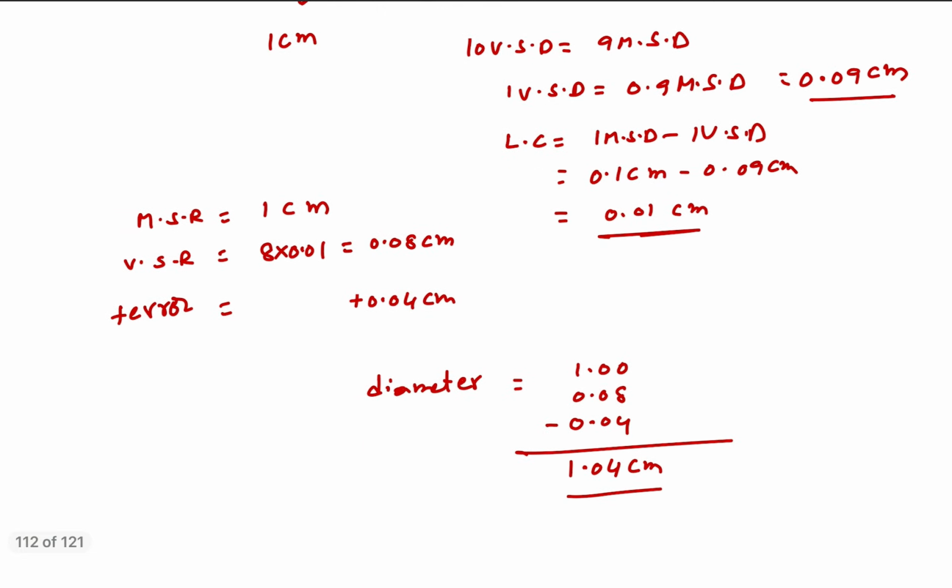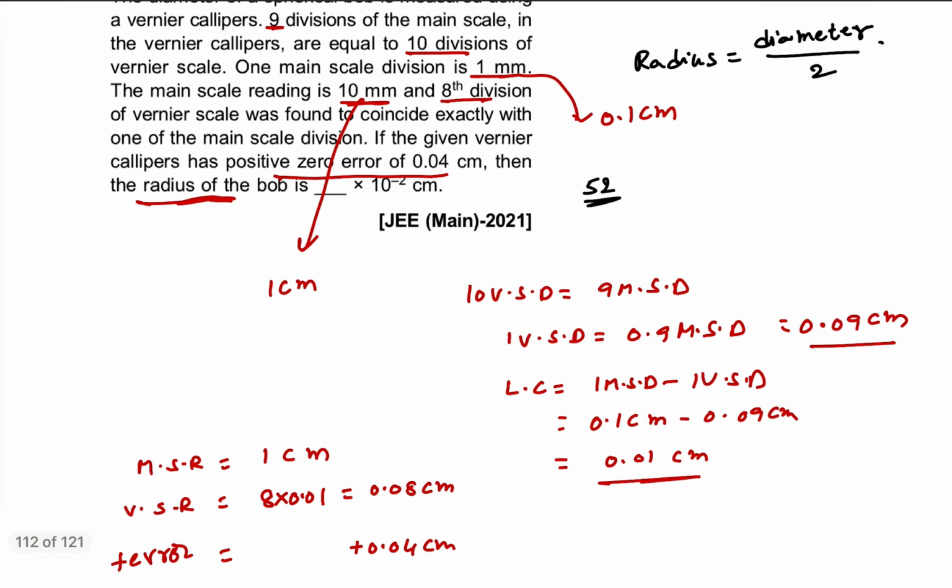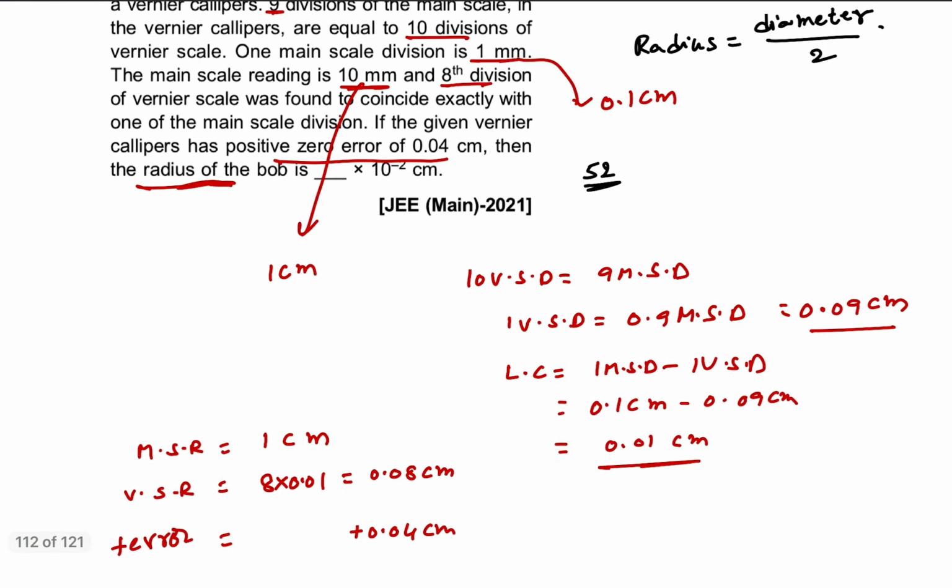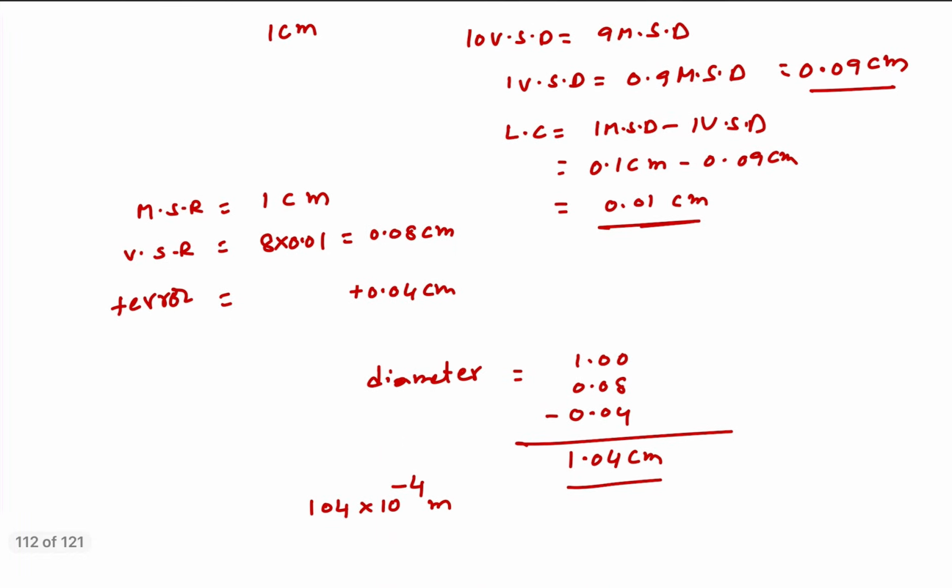Most of the students make a mistake here. 1.04 centimeter means 104 into 10 to the power of minus 4 meters, okay. Now, if you see that they are asking centimeters only, you write centimeters only. We can write it as 104 into 10 power minus 2 centimeter is the diameter.